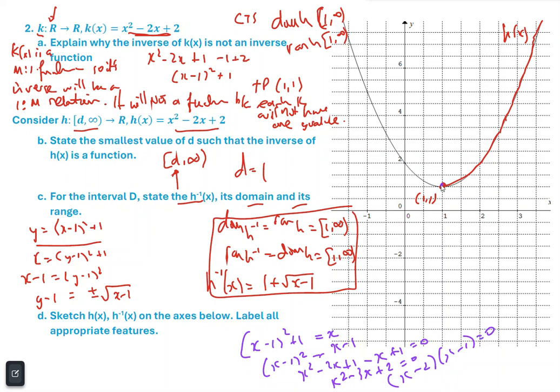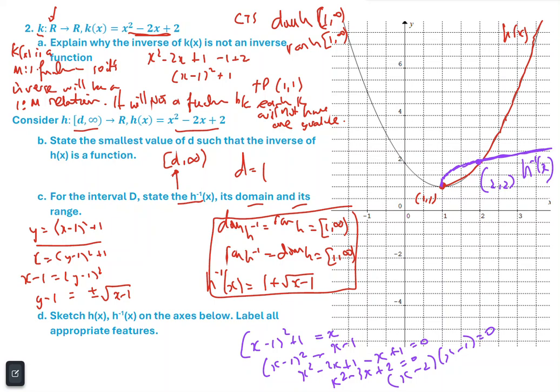Therefore, it should be at 1 and at 2. So (2, 2) should also be an intersection point. Now to start this vertical, then I need to swing around, and it looks like when this was at 3, the x value was 2 and a bit. So that's going to be h inverse of x.